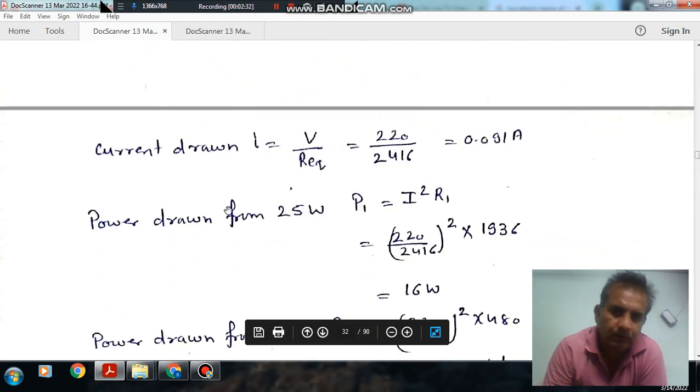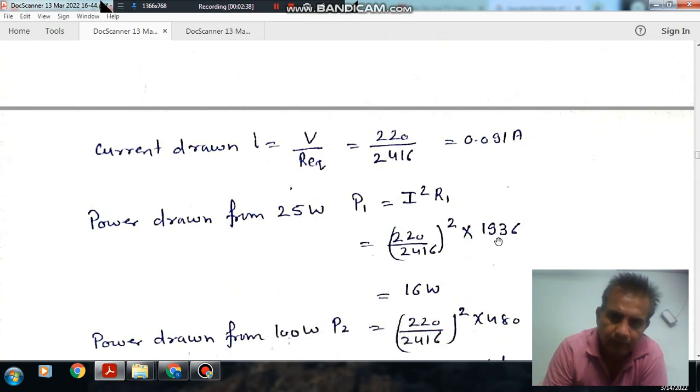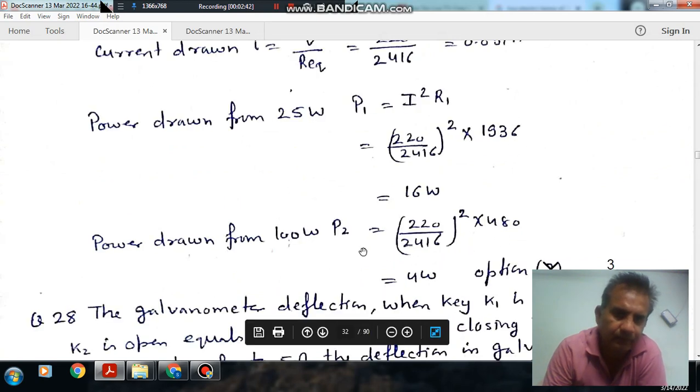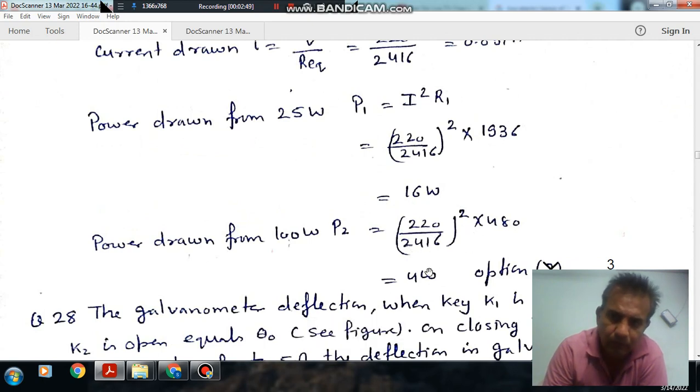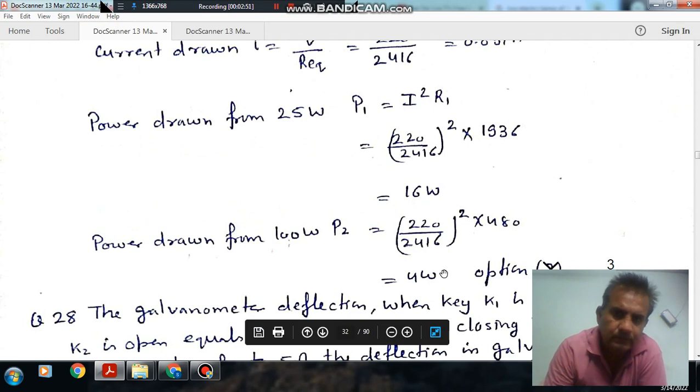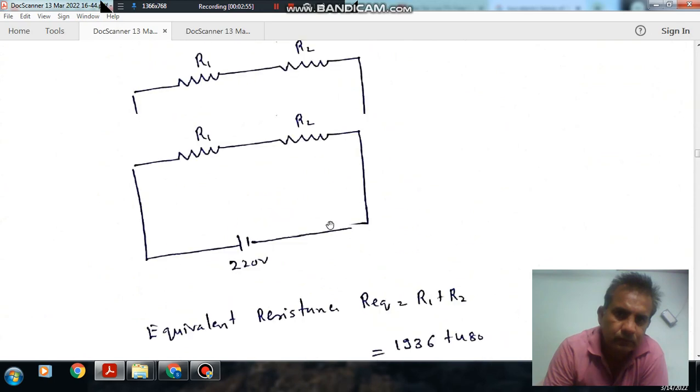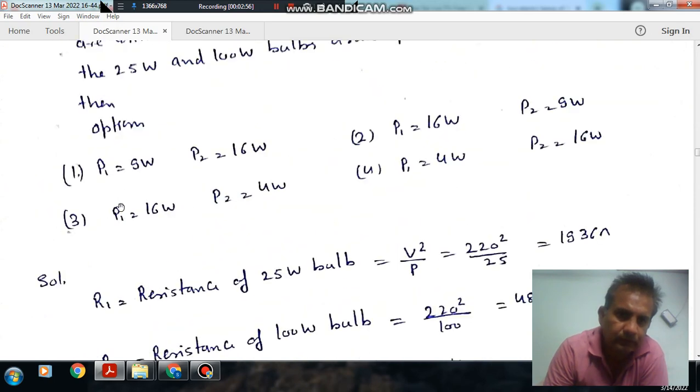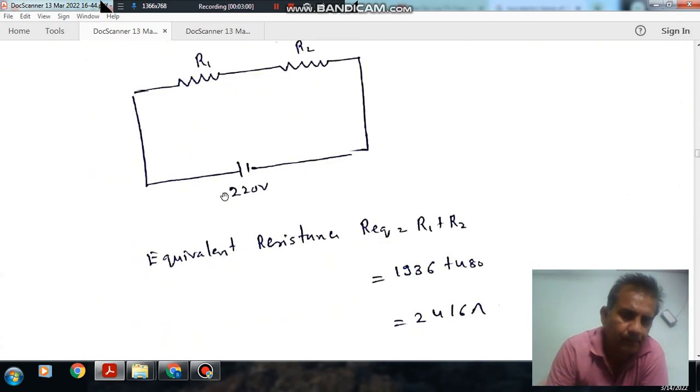So the power drawn from the first bulb is 220 by 2416 square into the resistance of the first bulb, 1936, that is 16 watt. And the power drawn from the second bulb, again this current is 220 by 2416 square into 484, that is 4 watt. So the power drawn is 16 and 4 watt. So the answer is option 3.